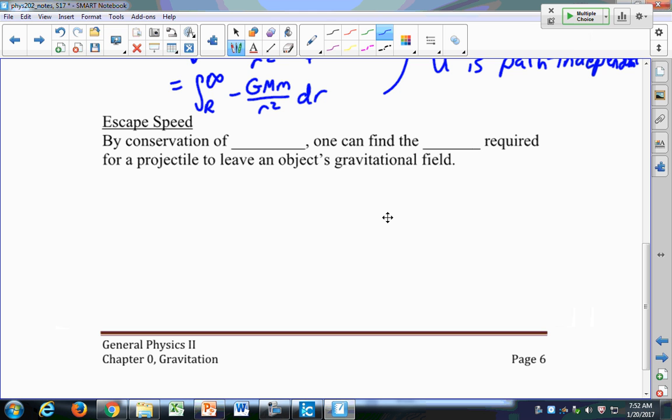Let's look at escape speed. Have y'all seen that movie where they cussed a lot? The Mars thing where the guy got stranded, y'all see that movie? The Martian, yeah. It was a good movie. I've worked with people at NASA, and they don't cuss like that. It blew me away.